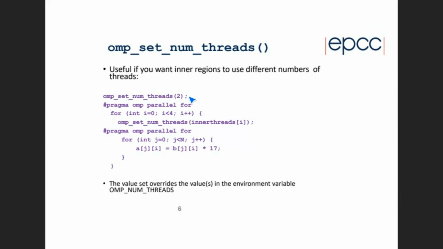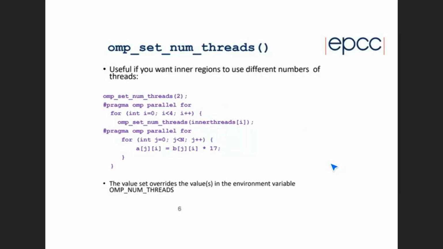It was very unobvious that was what was determining the number of threads being used, rather than the environment variable. So from a software engineering point of view, just think carefully about how you're using this and do something sensible. Make it obvious to anybody who's using the code how and where the number of threads is actually being set.